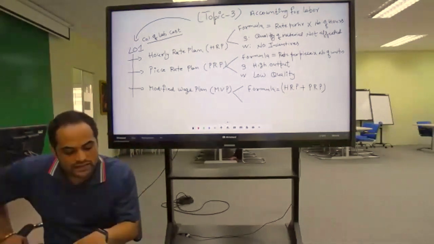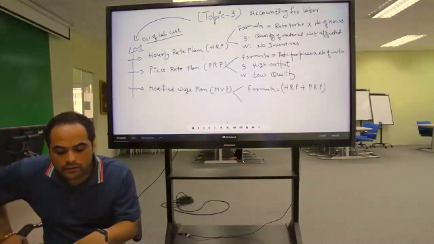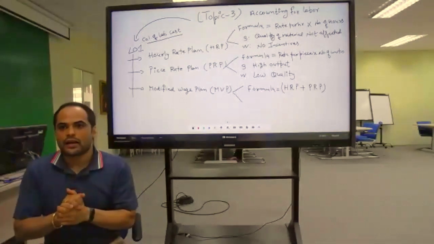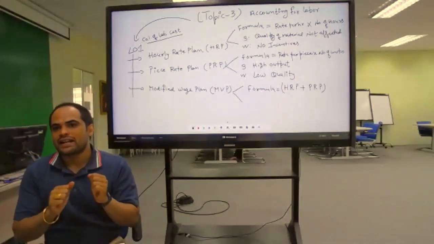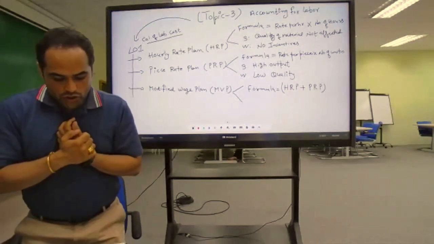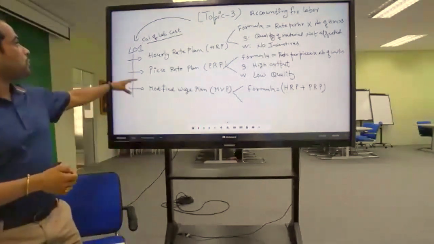So piece rate plan and wage rate plan together make a modified wage plan. That's all about your learning outcome 1.